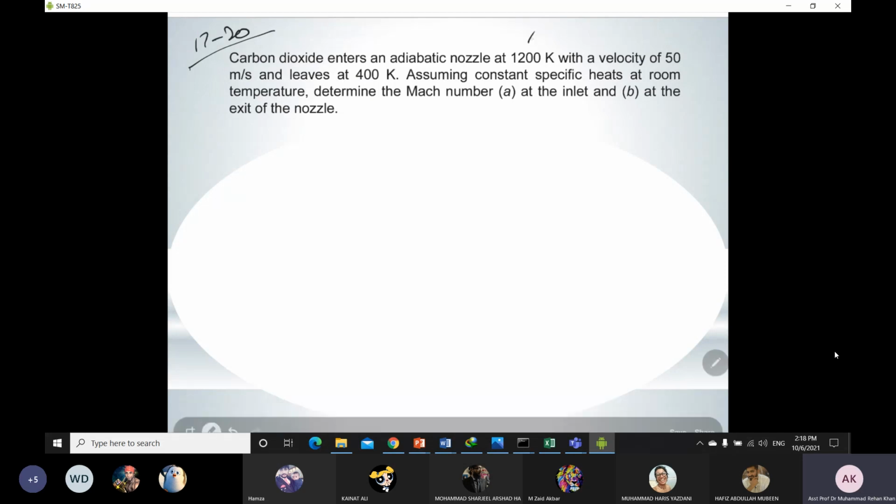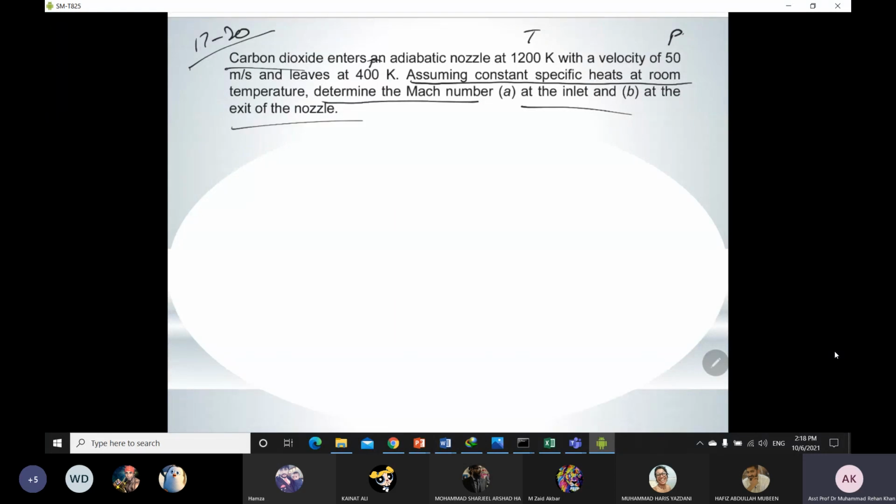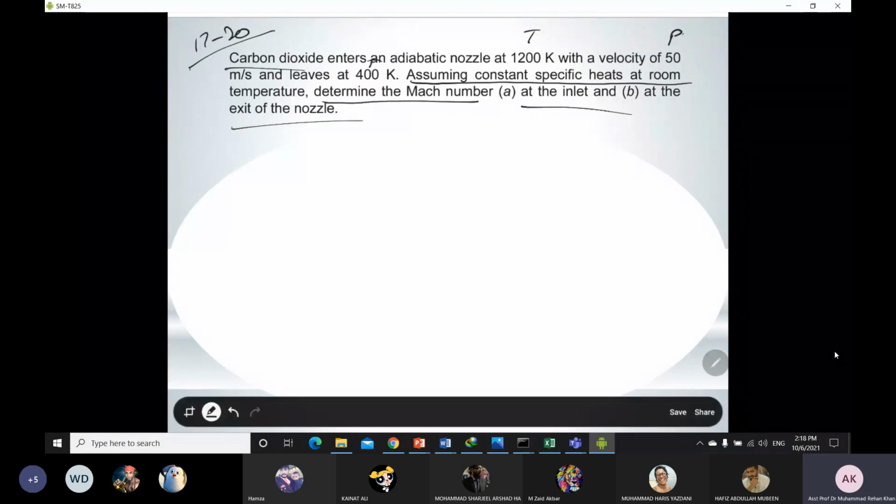The temperature at inlet is mentioned, the pressure at inlet is mentioned, the temperature at outlet is mentioned, and the working fluid is carbon dioxide. Assuming constant specific heat at room temperature, you have to determine the Mach number at inlet and at exit of the nozzle. It is a very simple question. You have to note down the data and then we will see how to solve it.